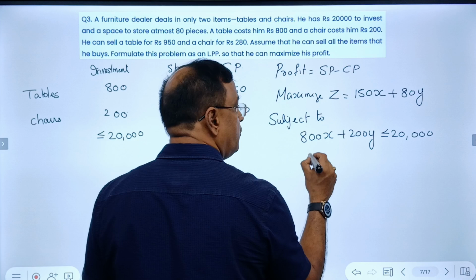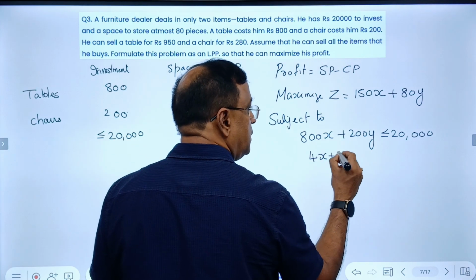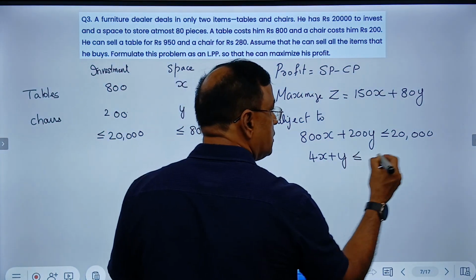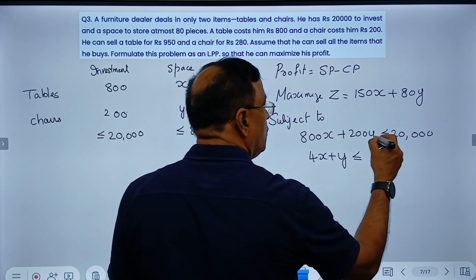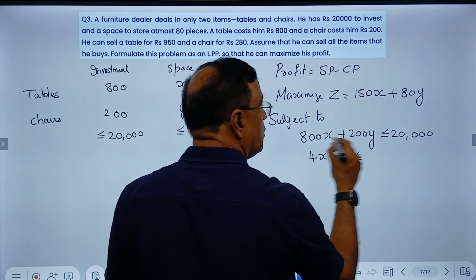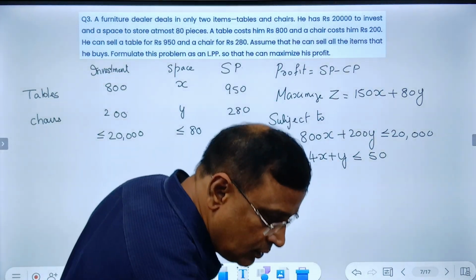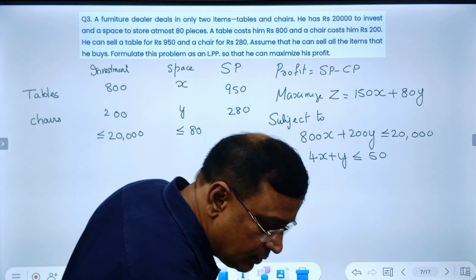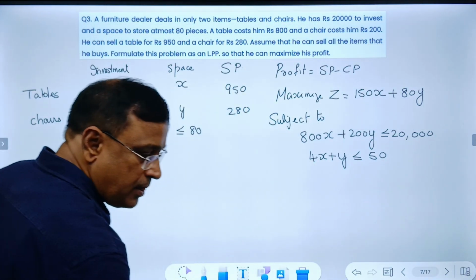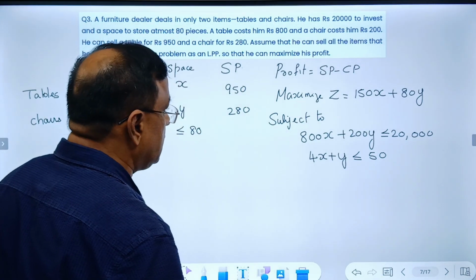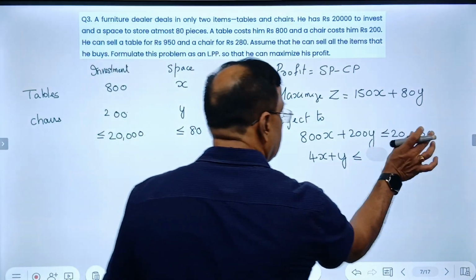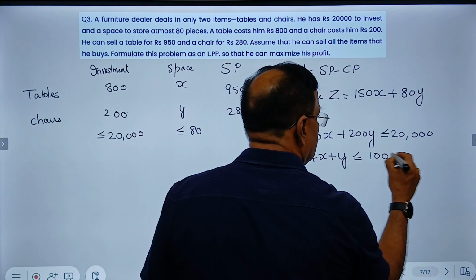It will be 4x plus y is less than or equal to 100. I cancelled 2, so it is 100. I'm sorry.